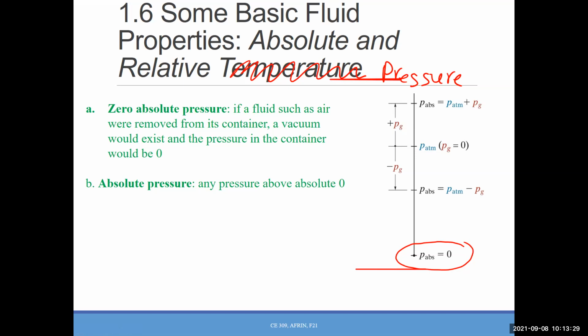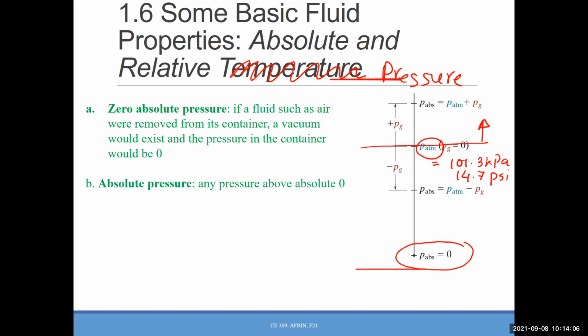So the air pressure at 15 degrees centigrade or thereabouts will be the standard for the relative scale. That is the free atmospheric pressure, which is 101 kilopascal or 14.7 psi. That is the standard value here.